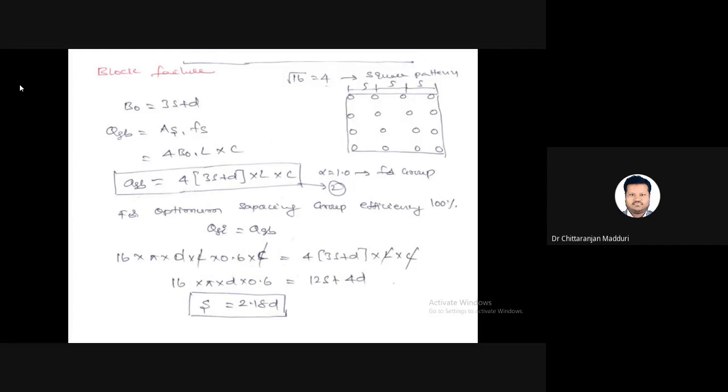As, the surface area of the group, is equal to 4 into B naught into L into alpha into c, but alpha is taken as 1.0 for group capacity. C value is the cohesion. For optimum spacing, group efficiency is equal to 100%, so equating equation 1 and equation 2, finally we will get the spacing between the piles equal to 2.1 times the diameter of the pile.